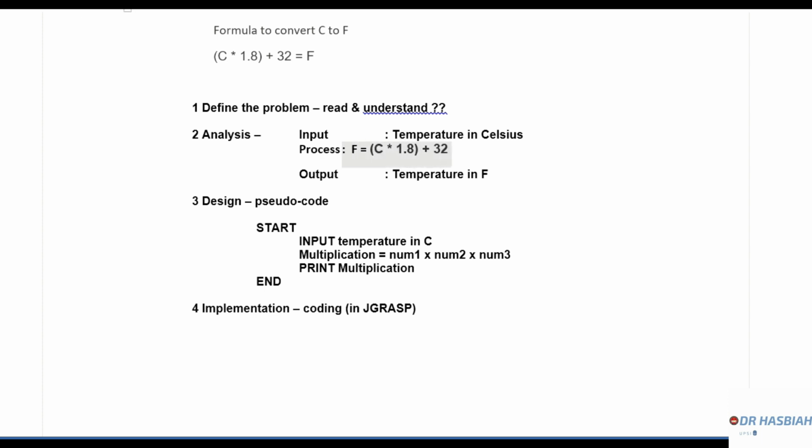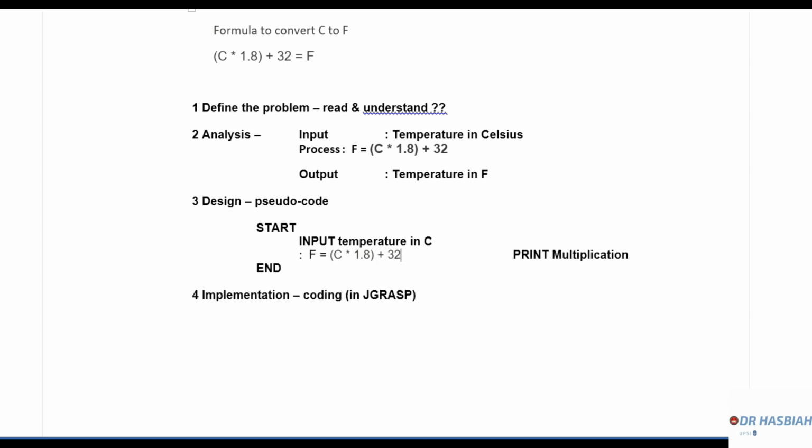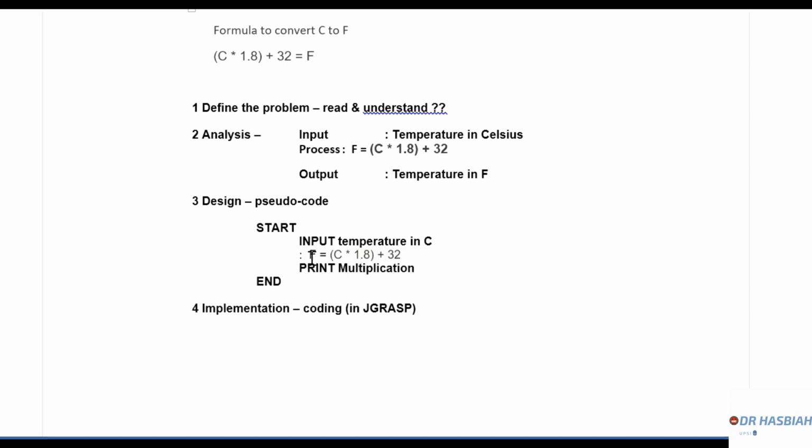So just copy the process, using the formula there. Fahrenheit equals Celsius times 1.8 plus 32. Then we want to print the temperature in Fahrenheit.